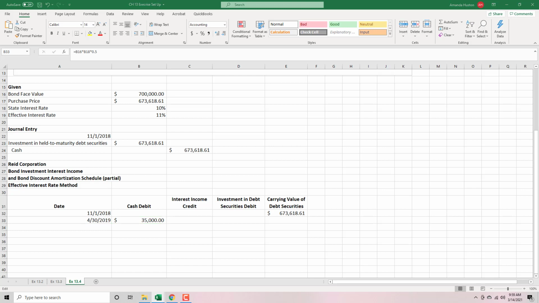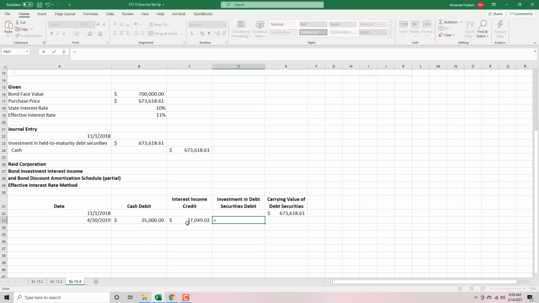So the increase, or the debit to the investment account, is interest income minus the cash we received, or $2,049. And then the carrying value of the security is the previous carrying value plus whatever the debit is. So now our carrying value is $675,667.63.